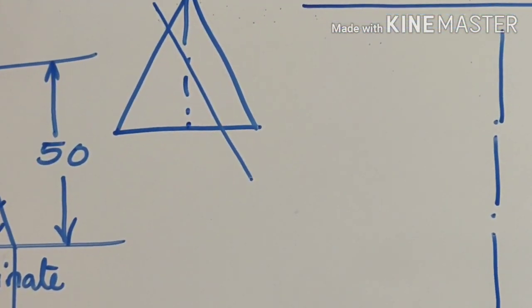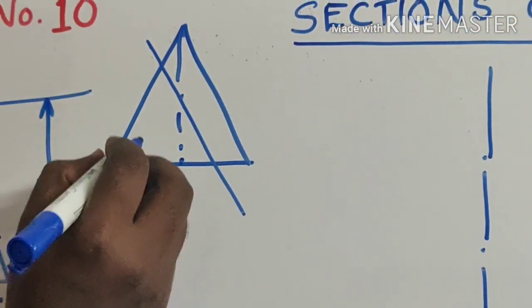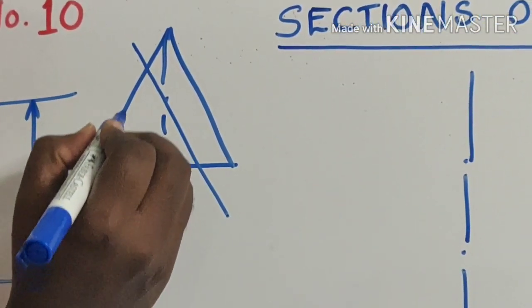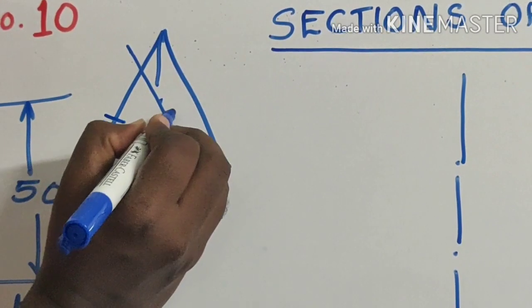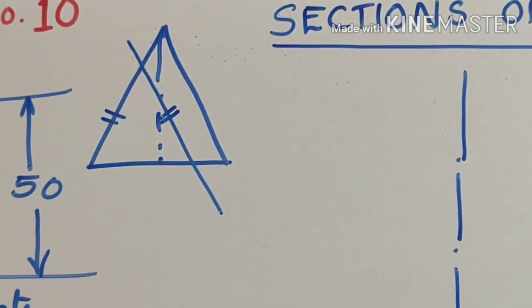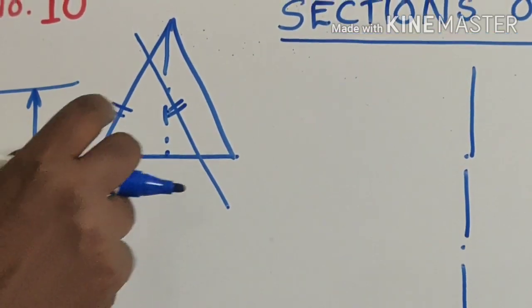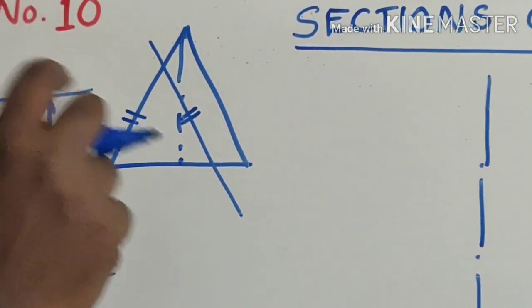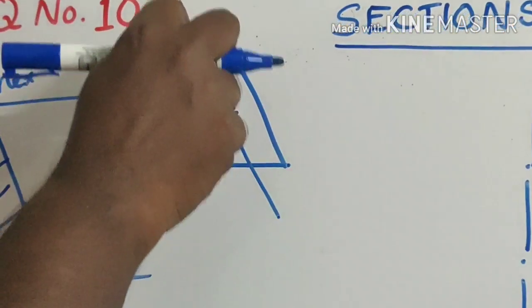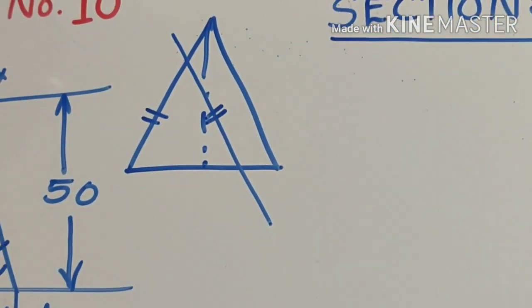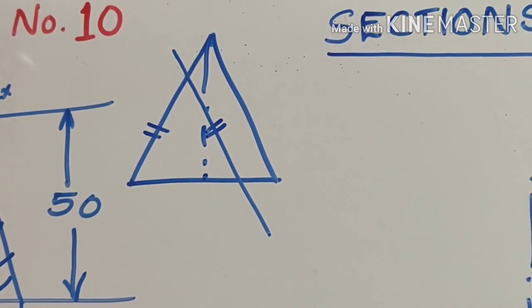So now you look here, you can see that this is an isosceles triangle. These two sides are equal. So there is an isosceles triangle. Then only you can find out that this is the section of the chord.